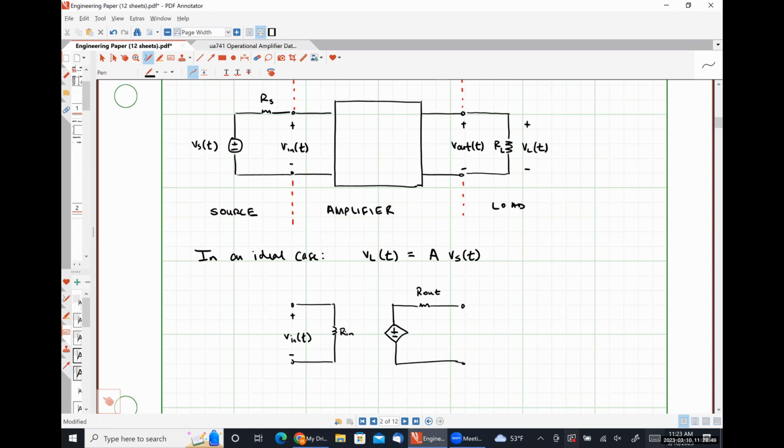So we're going to say that the voltage here depends on the applied voltage over here. So I'm going to call this AVOL, and we'll talk about that in a moment, times Vin. And then here is our output voltage as a function of time.